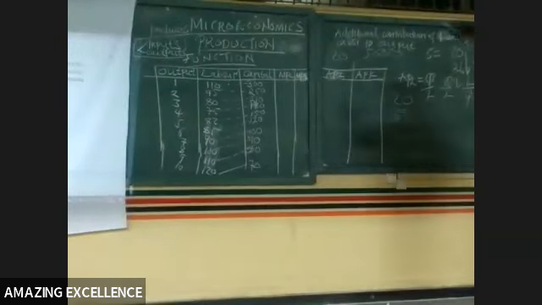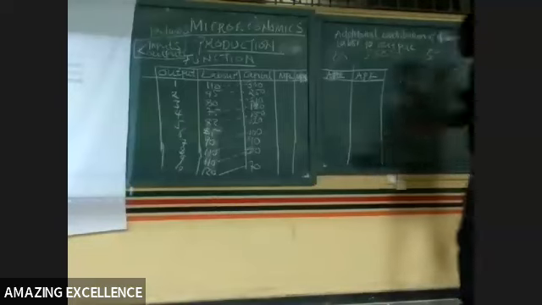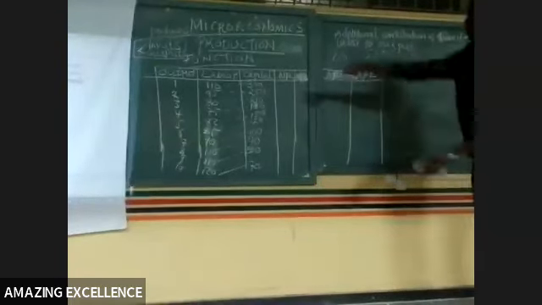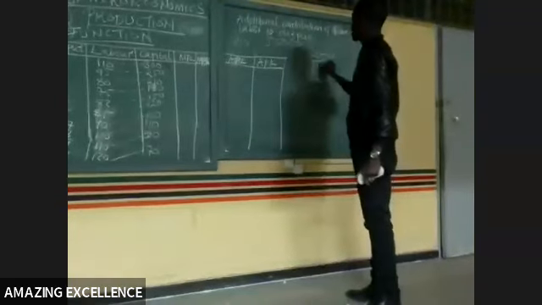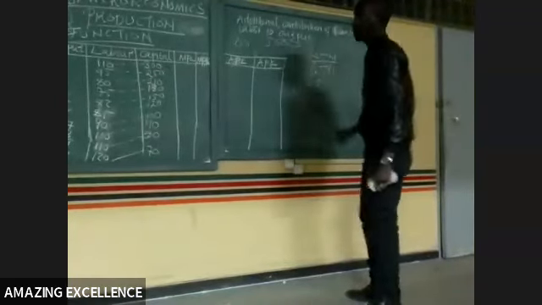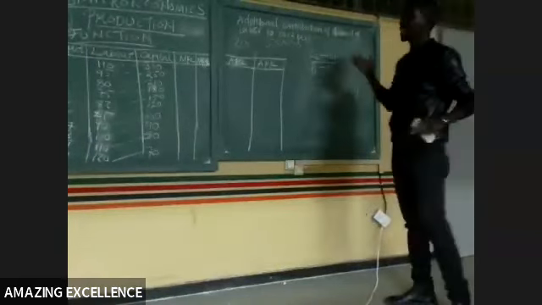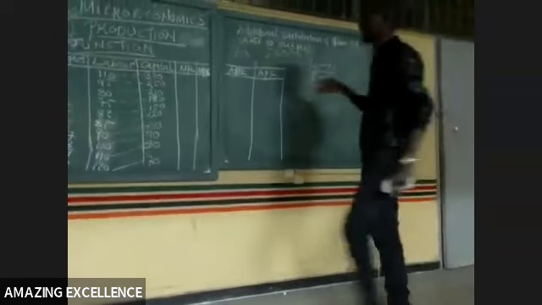How do you fill in this table? It's easy. For marginal product of labor, you say labor 2 minus labor 1 over output 2 minus output 1. Did you get that? That's basically a change in output.